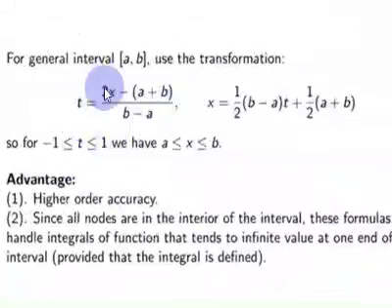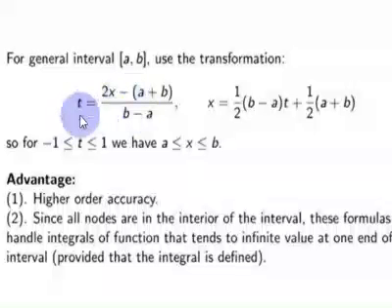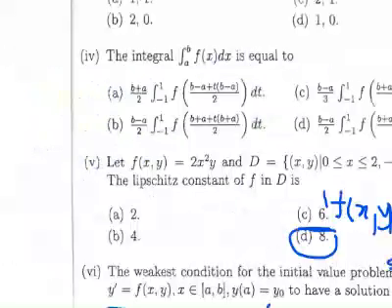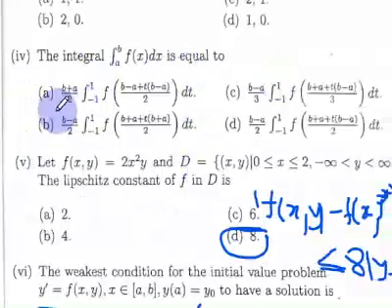This is the relationship between t and x, and when you plug this value for x, the t variable varies between -1 and +1, because this is a straight line. This is the one-to-one correspondence between t and x variables. Substitute this transformation into this.